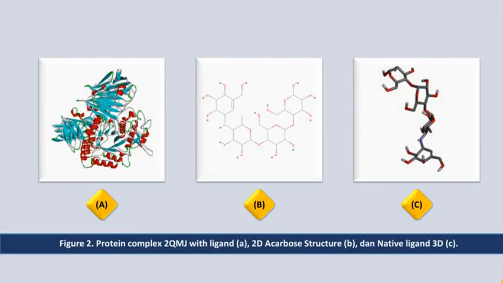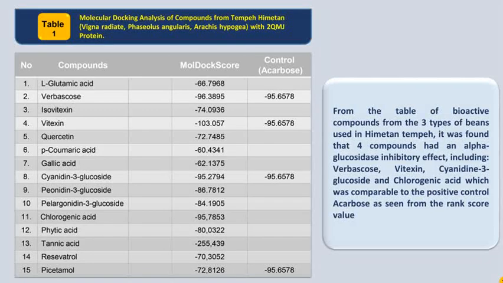This is the picture of protein and ligand. A is a protein complex of 2KMG with ligand. B is 2D, a carbose structure, and C is a native ligand in 3D. And this is a molecular docking analysis of compound from tempeh metan with 2KMG protein.